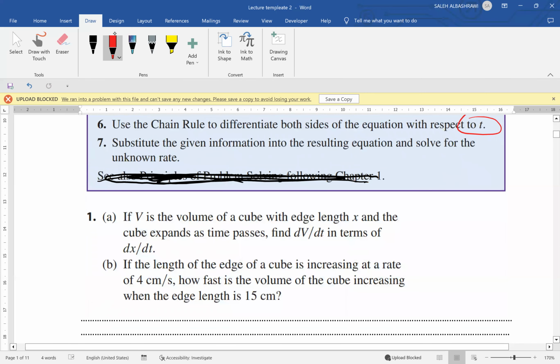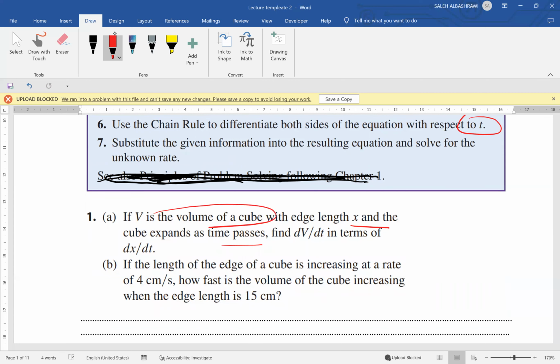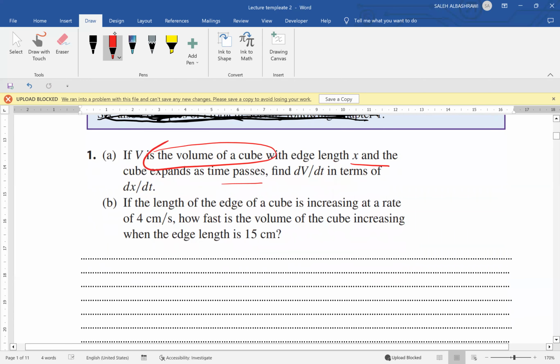The first example says that if V is the volume of a cube with edge length x, and the cube expands as time passes, we need to find dV/dt in terms of dx/dt. So in this question, it says the volume of a cube. In the first step, I have to write the formula for the volume.